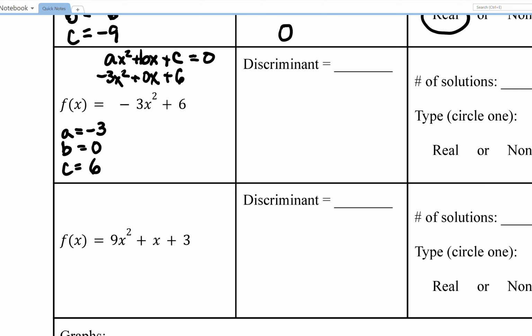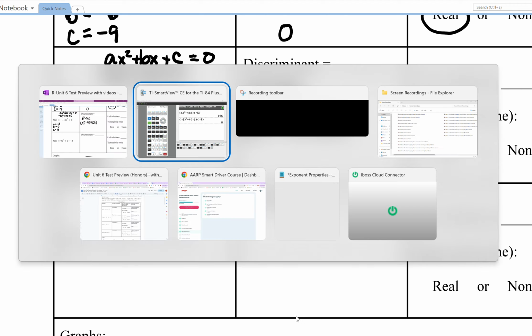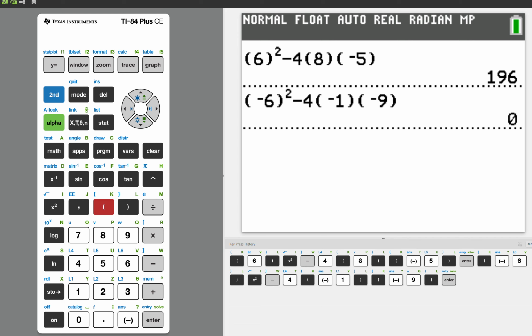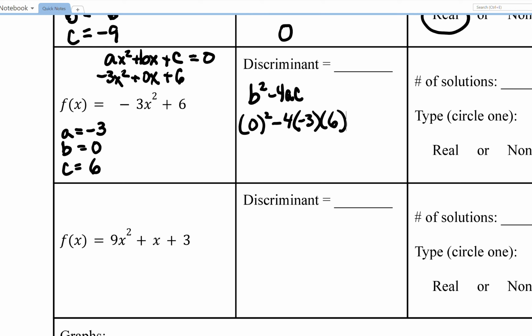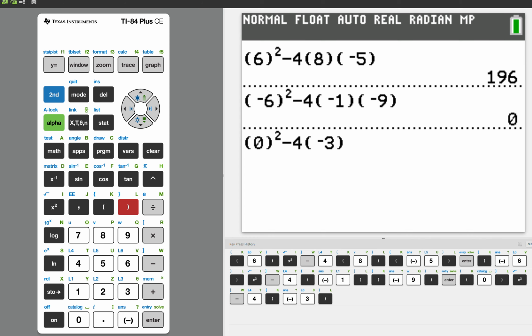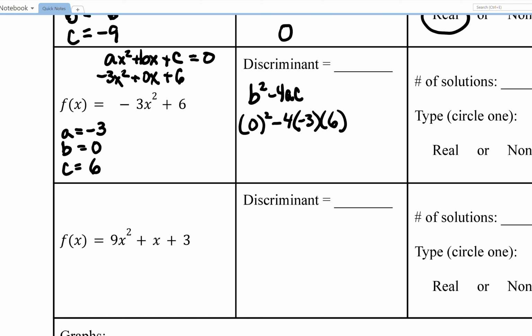And that's 6. So back over here again, B squared minus 4AC. B is 0, that's 0 squared, minus 4 times A, which is -3, times C, which is 6. And I plug that in my calculator. And I've got 0 squared minus 4 times -3 and 6. And then I hit enter, and I get 72.